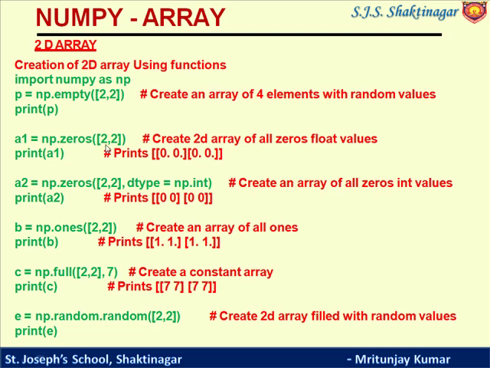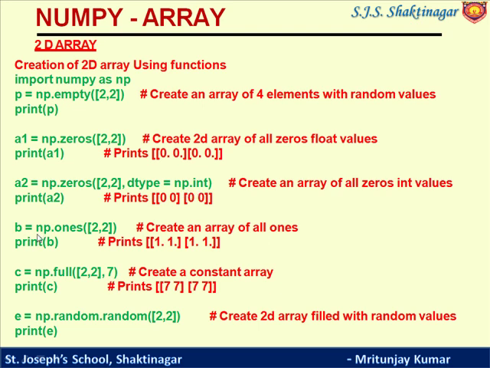Similarly, to create a 2D array of all zeros with float values, I can write like this. If I have to create a 2D array with all zeros integer values, I have to write zeros 2, 2 and dtype is equal to np.int.